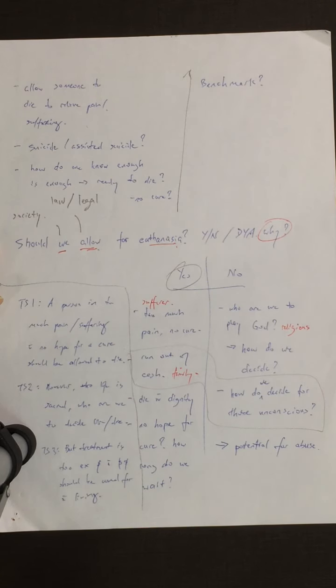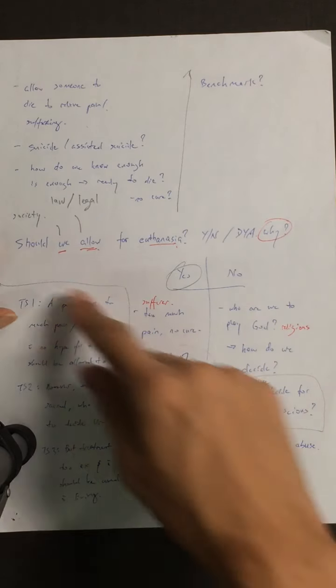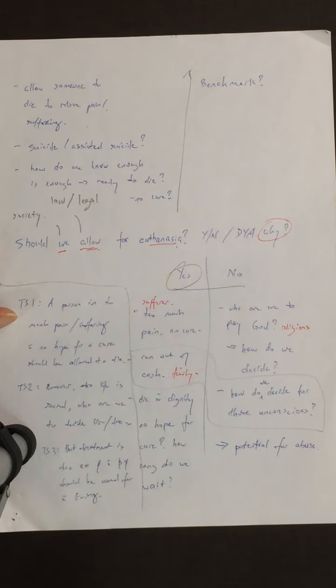There's been many cases in history where people use excuses like this to get rid of people they don't like, get rid of their enemies, correct? And if we allow this, there is a potential for abuse.